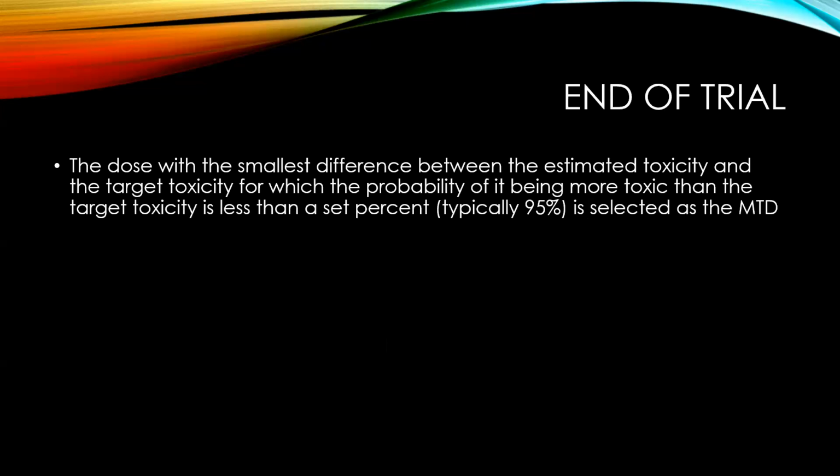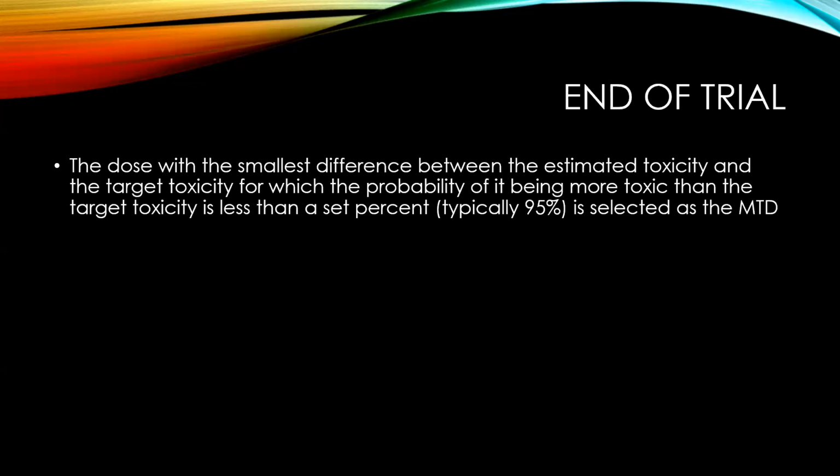So once we've gone through the entire trial, escalating and de-escalating, following our dosing decisions with the UPM, what we're going to do is take the dose with the smallest difference between the estimated toxicity and the target toxicity based off of our results, for which the probability of it being more toxic than the target toxicity is less than a set percent, usually 95%, and select that as the MTD.